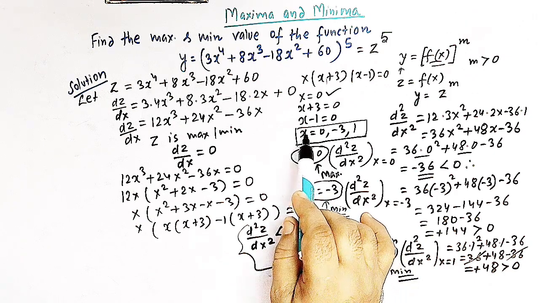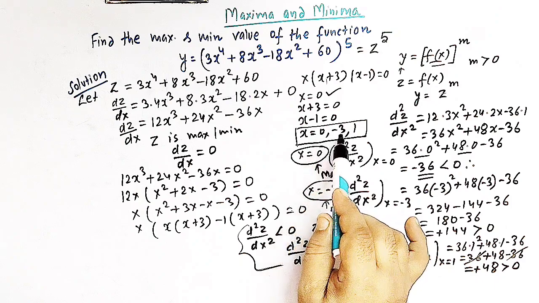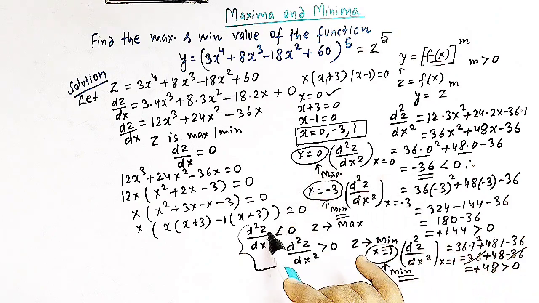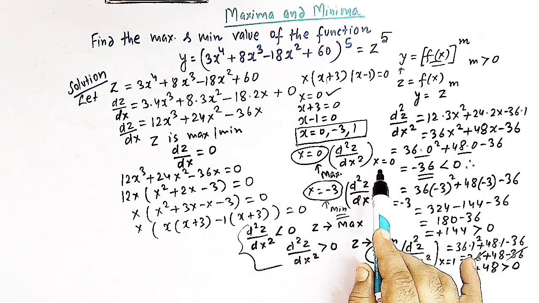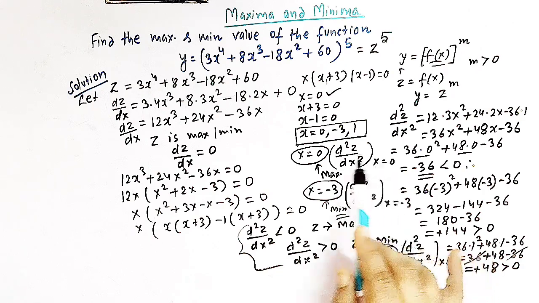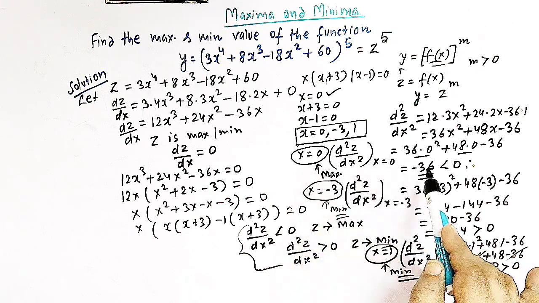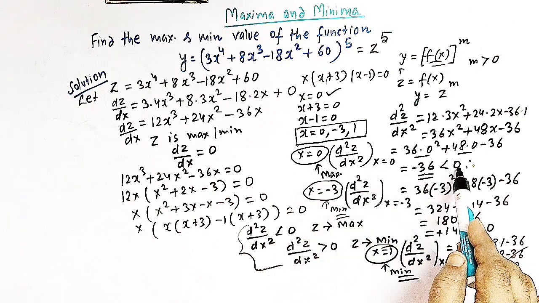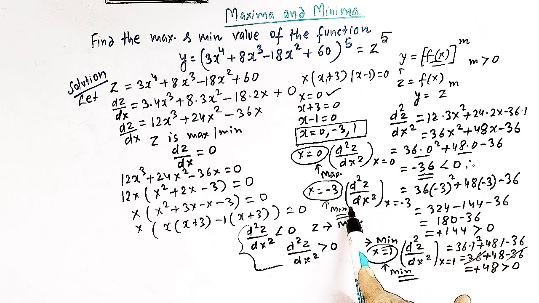So here we have 3 points, 0, minus 3 and 1, and from second derivative test we have seen that x is equal to 0 is a point of maxima, because the second derivative is less than 0, and the points x is equal to minus 3 and 1 are points of minima, because the second derivative at these points is positive, that is greater than 0.